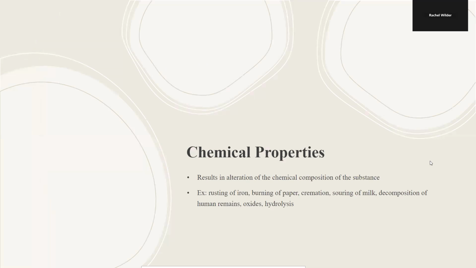So whereas physical properties are kind of descriptive, chemical properties are watching things react with each other. So it results in an alteration of the chemical composition of the substance.